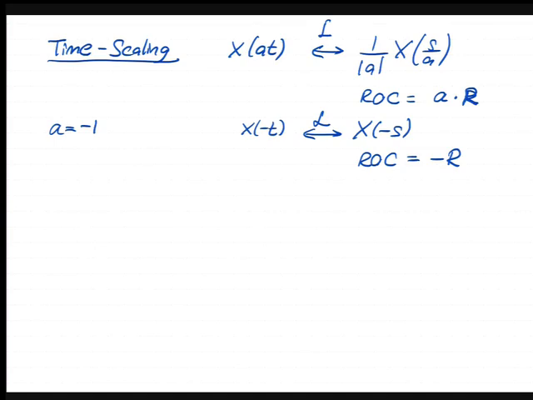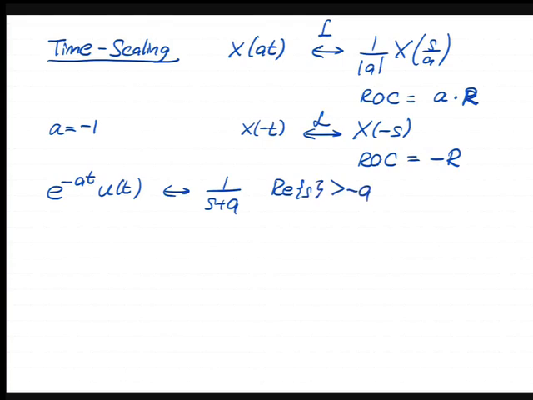What is a good example? Actually, one of the examples we had at the beginning should work. So if I have e to the negative at times u of t, that was one of the first examples, right? That gave me 1 over s plus a, and the ROC was when the real part exceeded negative a.